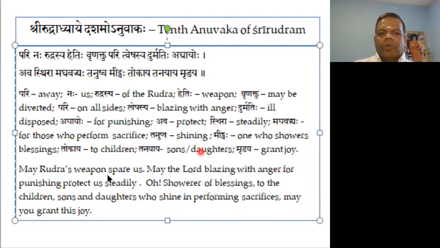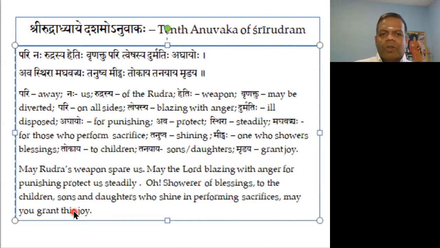So we are saying, may Rudra's weapon spare us, meaning let it go around us, away from us. The weapon of Rudra should go away from us. May the Lord, who is blazing with anger for punishing, so the Lord is always blazing with anger to punish.